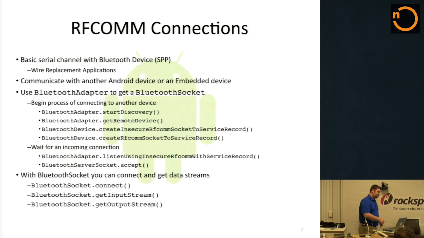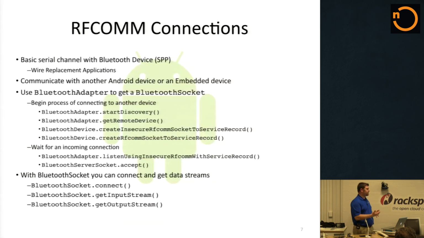Okay. So from an Android perspective, I won't dive too deeply into the code because I have an example to show you instead, but just some of the basic pieces that you would expect to see in the Android APIs for this. If we're going to use an RFCOMM connection to communicate between an Android device and some embedded board or some embedded chip, first, we have to be able to discover those two devices. They have to be able to find each other.